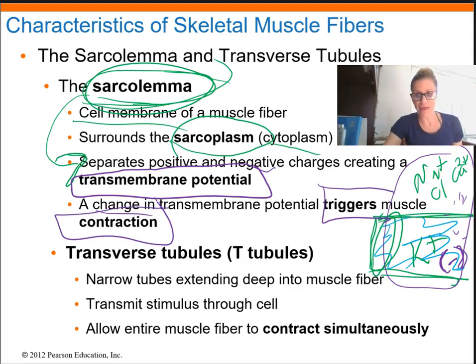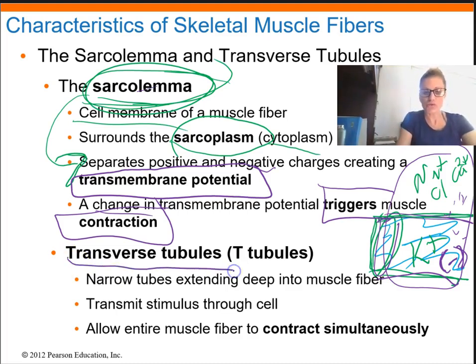So we'll see that if we mess up that situation in some way, muscle contraction occurs. Okay, so sarcolemma is the cell membrane, sarcoplasm is everything inside. You do need to know these ions, so you need to know which one is where.